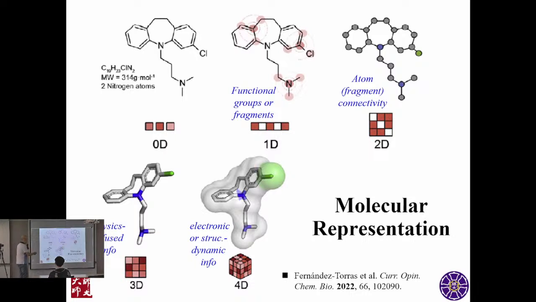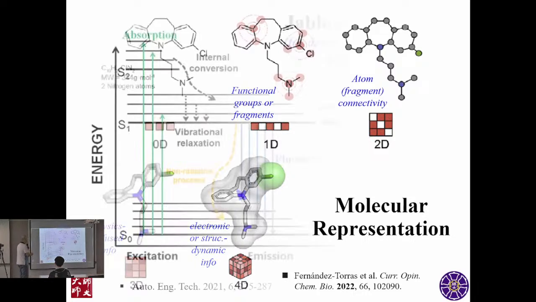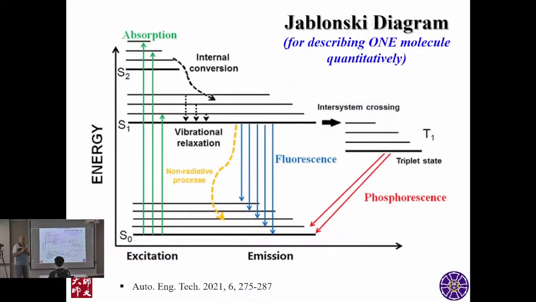So I want to define this molecular representation in the very beginning. The topic I'm going to talk about is the photophysics property of the molecule. That's a very typical and common property for a molecule. In order to describe the photophysics property of a molecule, people usually use this Jablonski diagram, which is a way of drawing the ground state and the excited state of the molecule.